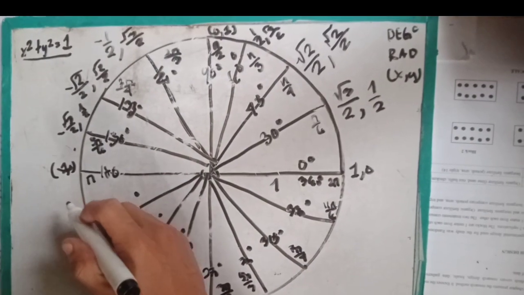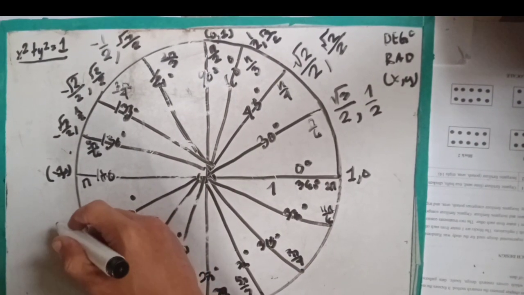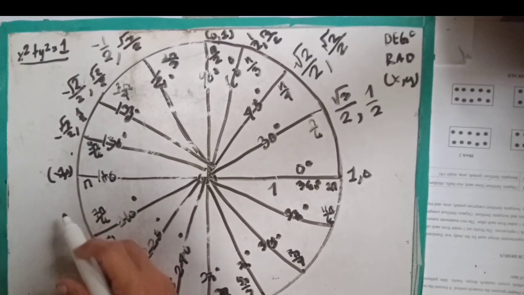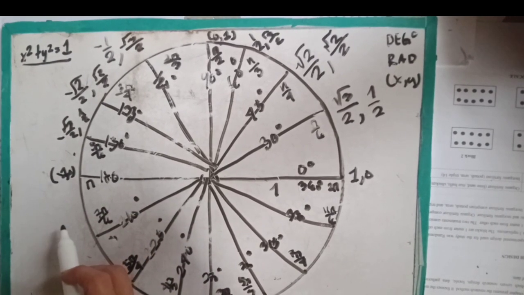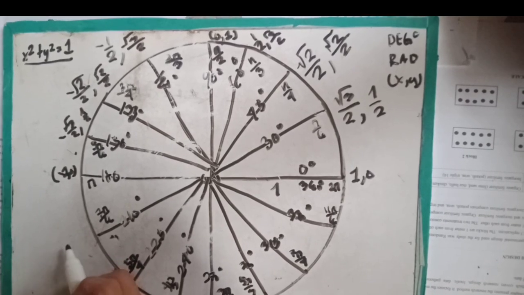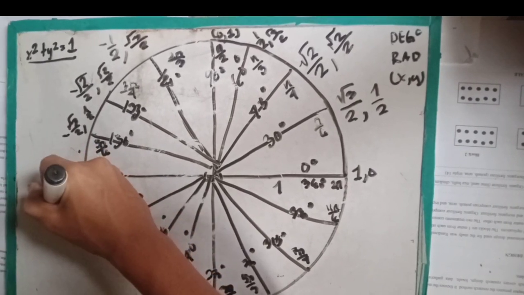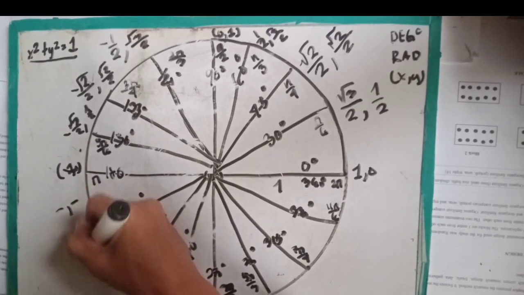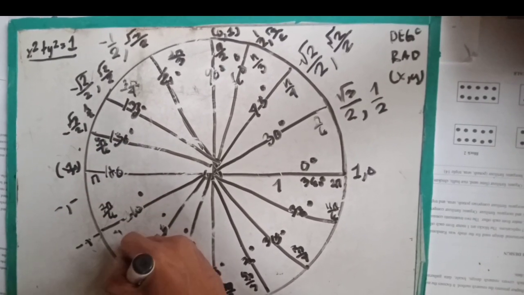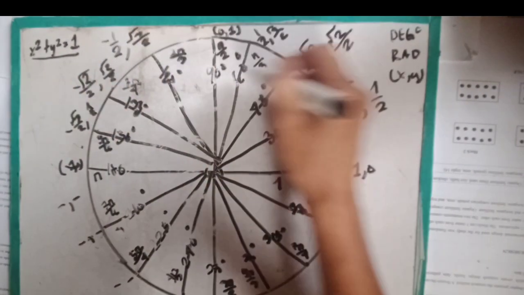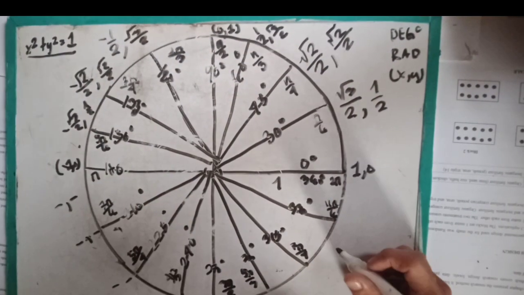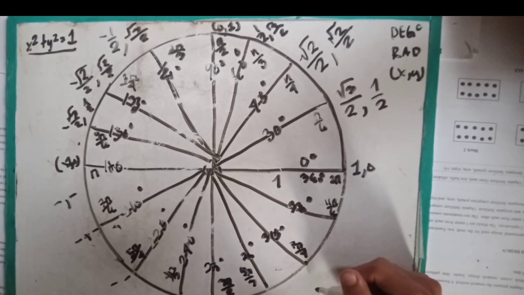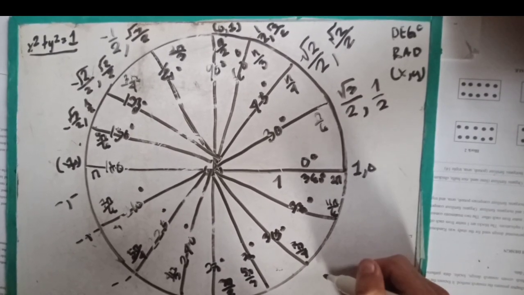So right here the x and y coordinates are both negative, so I will not write over there, I will just say that all the values, the x and y here, are negative. So these numbers will turn to negative, and lastly right here the x is positive, then the y coordinates will turn to negative.